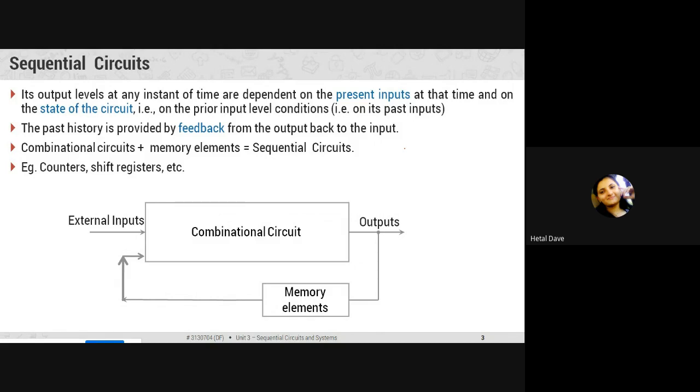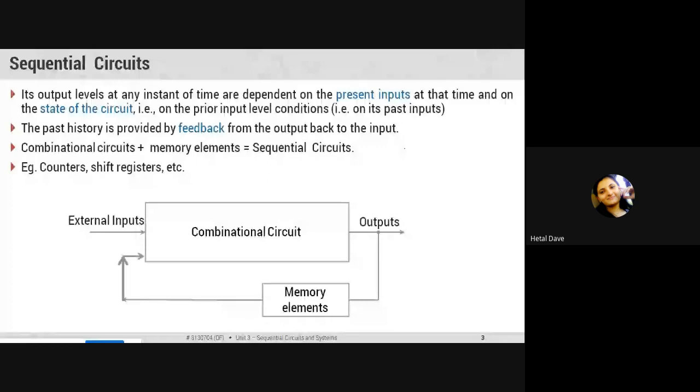It is called the circuit state. Which state is the circuit in? 0 or 1. So it will be stored in the memory element and given again as the second input of the combinational circuit. So this is the meaning of this diagram. Is there any doubt in the meaning of this figure first of all? What is the meaning? Output depends on external input and present state.